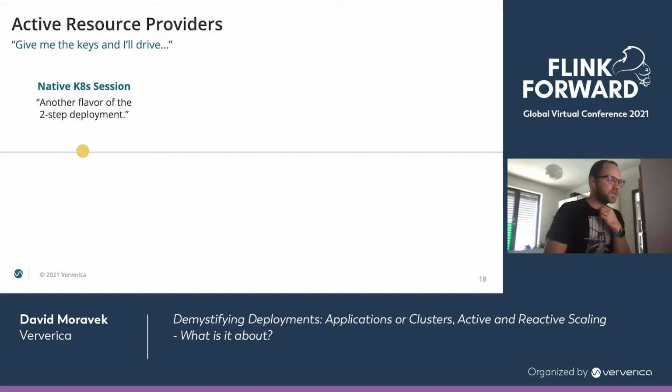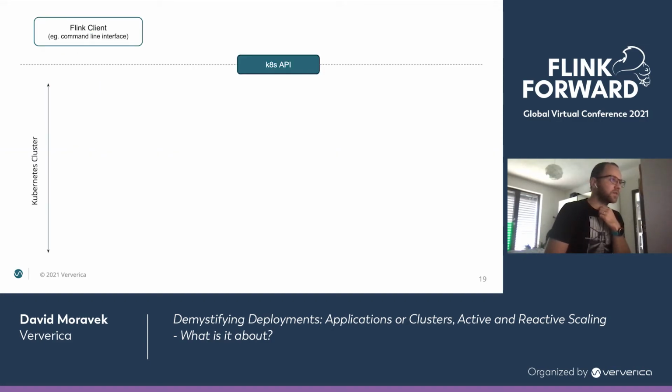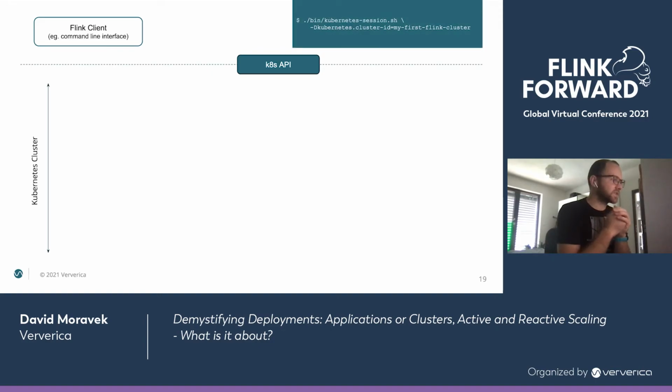It's very similar to what we have seen with the standalone mode, just with little differences. We will first start a session cluster by executing this Kubernetes session sh command, and we will give this command the name of the cluster, which is my first Flink cluster.